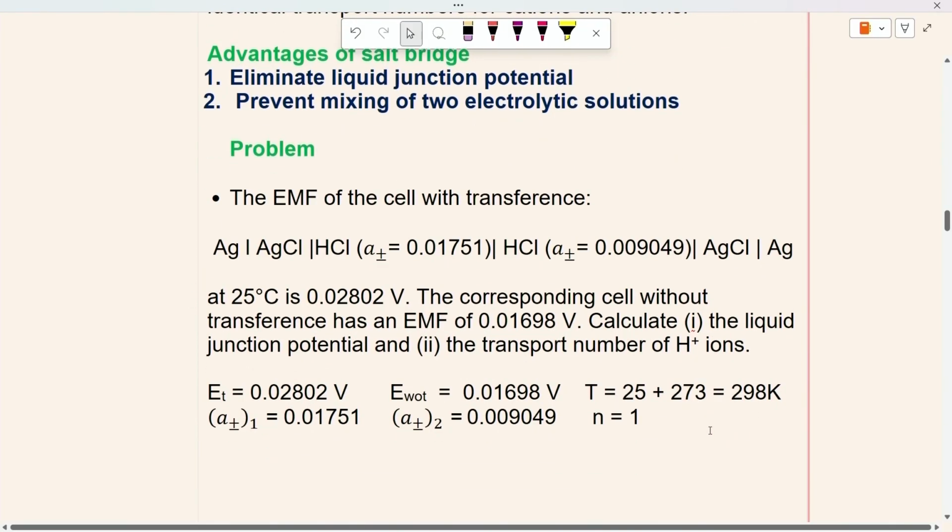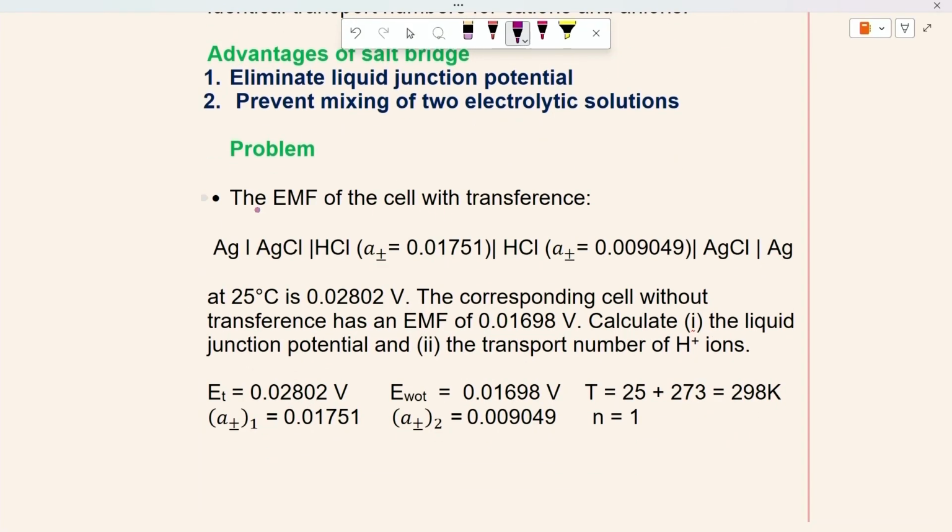Now, next we have a problem in which the EMF of the cell with transference is an anion reversible cell, where HCl has activity 0.1751 in one case and 0.09049 in the other.